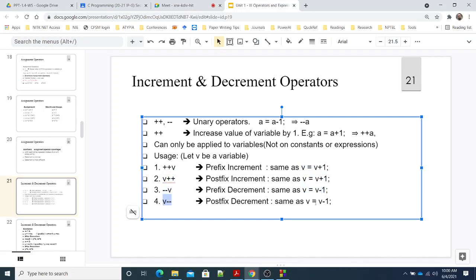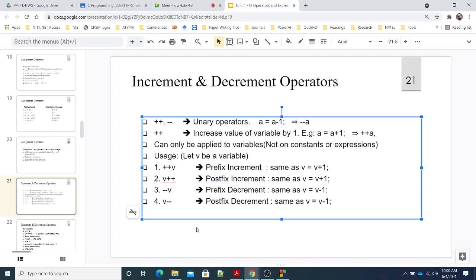V minus minus is the same as v is equal to v minus 1. There is not much difference between the prefix form and the postfix form. Post implies after, pre implies before. So the operator appears before the variable, or the operator appears after the variable.